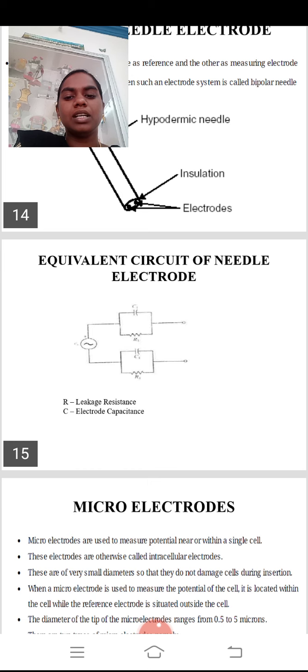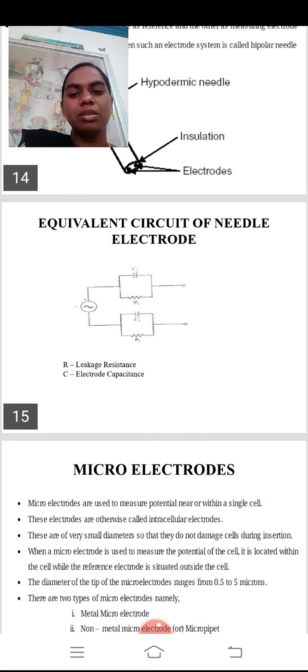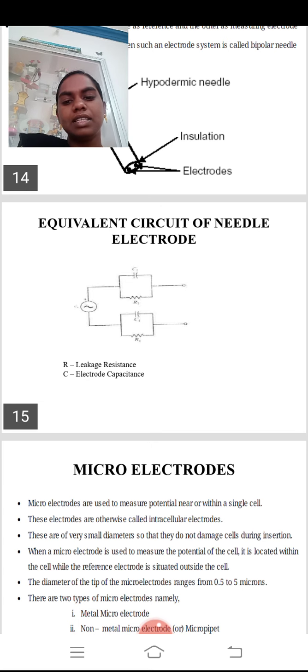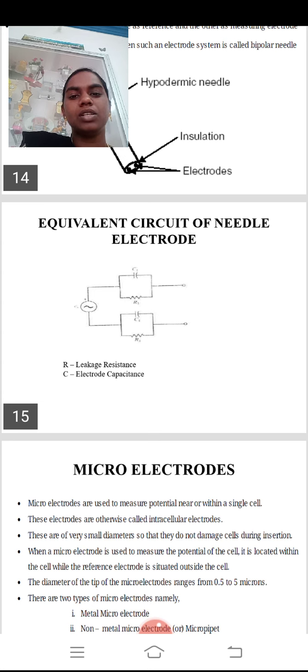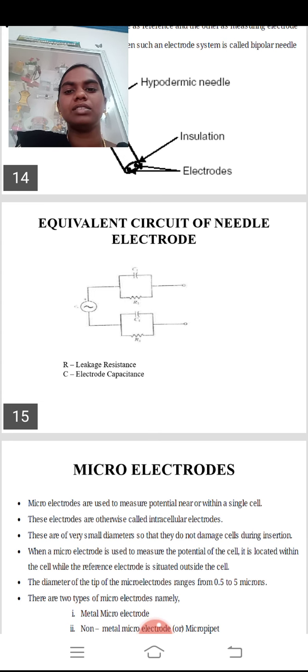Both have some leakage resistance and electrode capacitance. It is shown in the figure where R is the leakage resistance and C is the electrode capacitance, from which we can find the total impedance, and from which we can find the voltage developed, V is equal to I into R. It is somewhat similar to the previous surface electrode system.